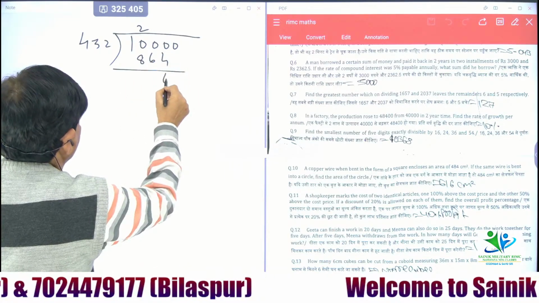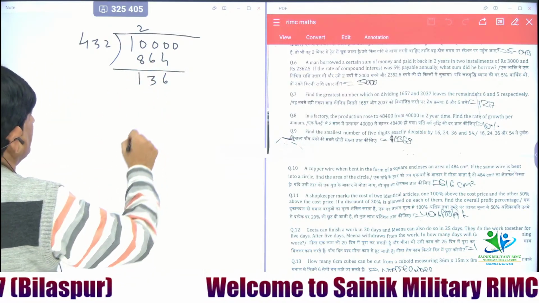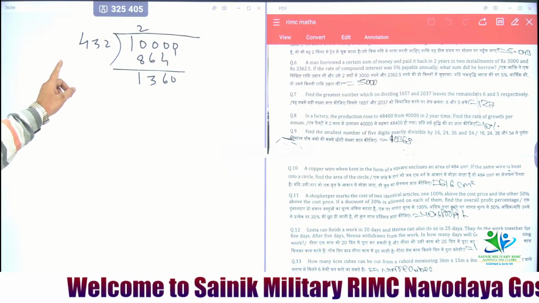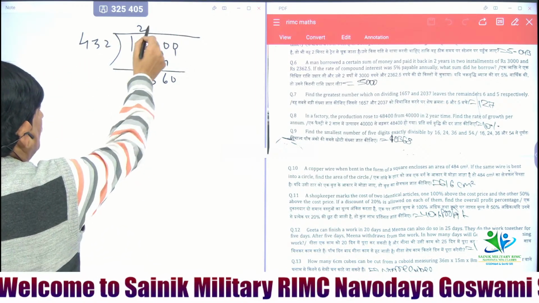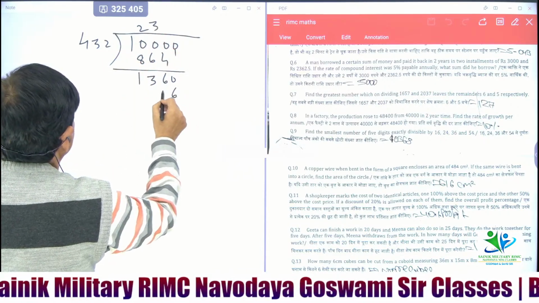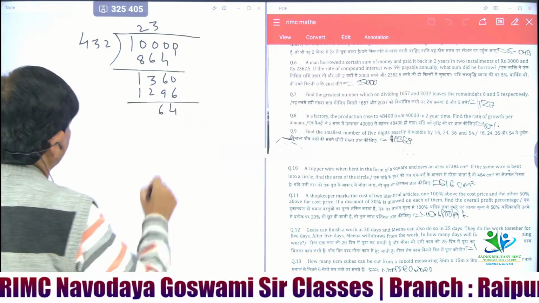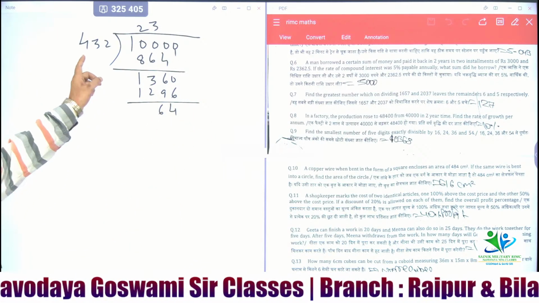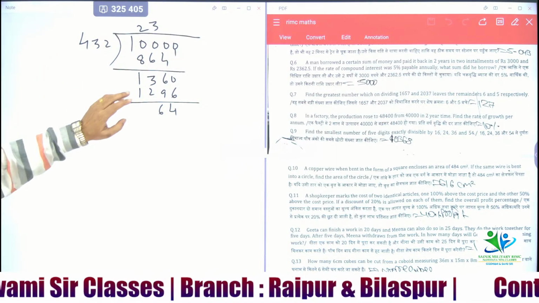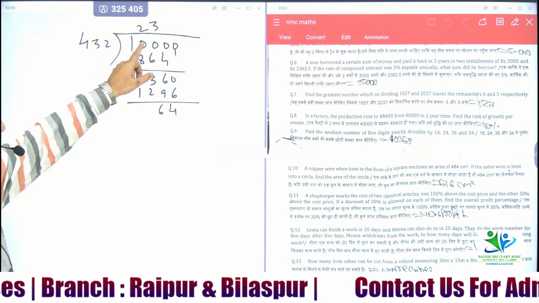Subtract: 9 minus 6 is 3, and 9 minus 8 is 1. Again 0 is there, 432. If you take 4 here, it is greater, so take 3, and this one is 6, 9 and 12. And here is 64. That means if you subtract 64 from here, it is divisible. But the number becomes 4 digits, because we need a smallest 5-digit number.